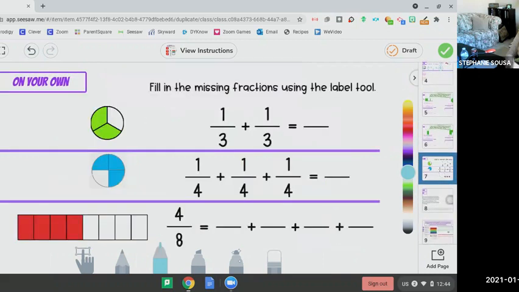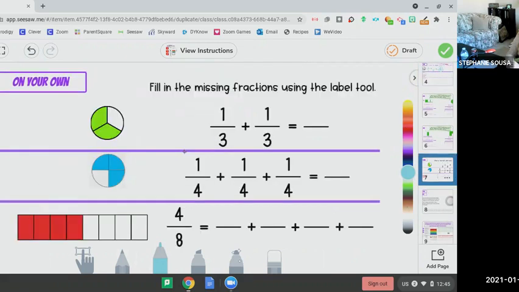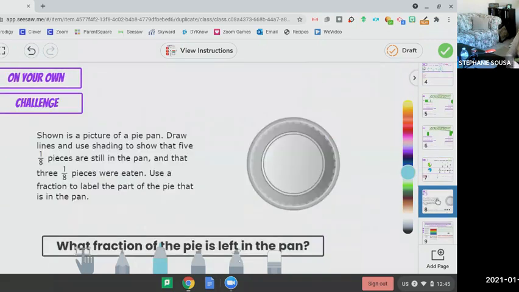You are going to complete slide 7, which is the exact same as what we just completed on slide 4. Adding up the fractions and understanding that the denominator does not change. Slide 8 is a challenge for you. Read the story problem, draw a picture of the pie.